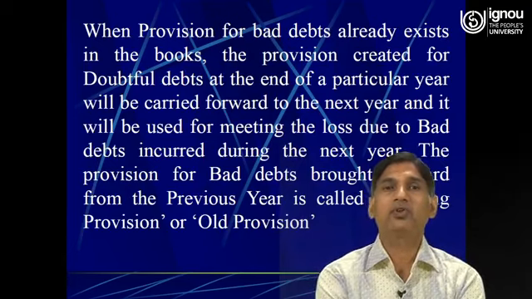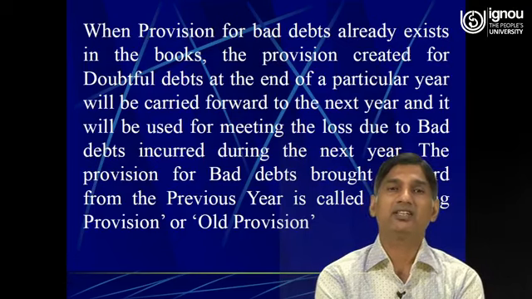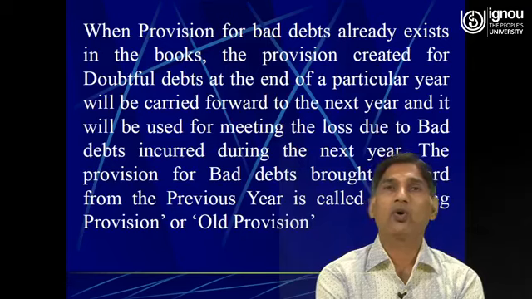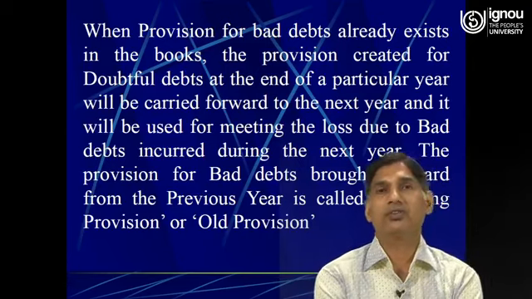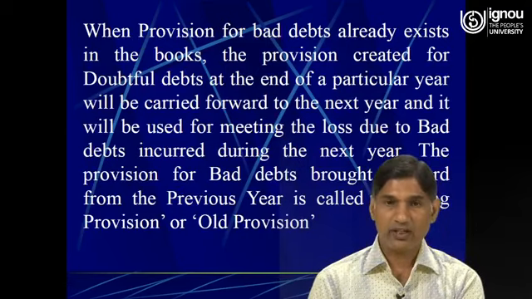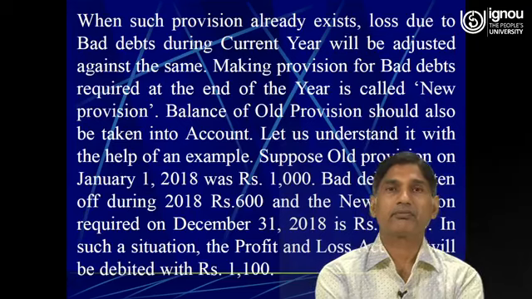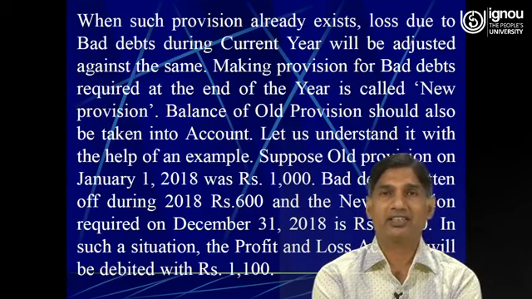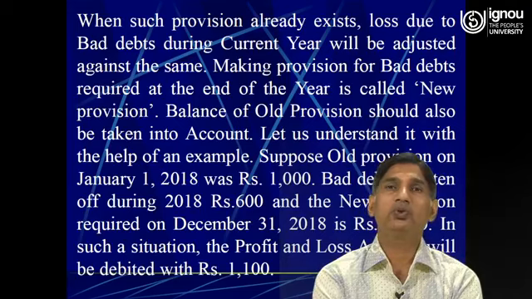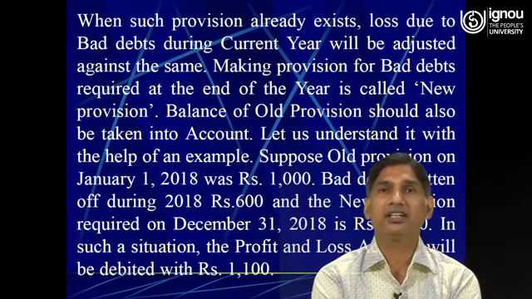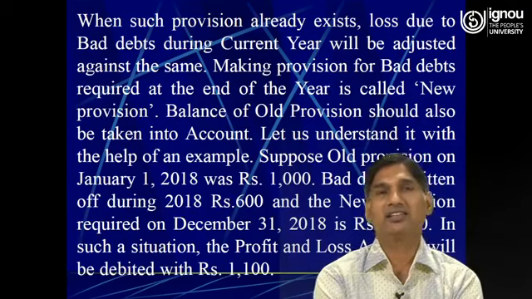The provision for bad debts brought forward from the previous year is called opening provision, or we can call it old provision for bad and doubtful debts. When such provision already exists, loss due to bad debts during the current year will be adjusted against it.